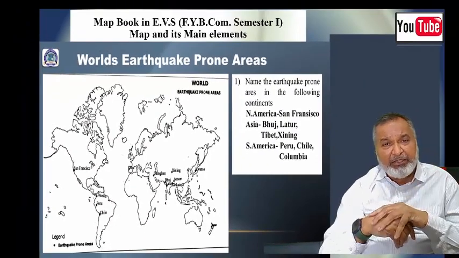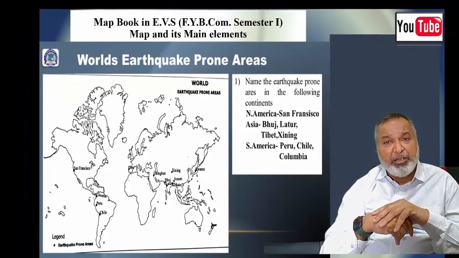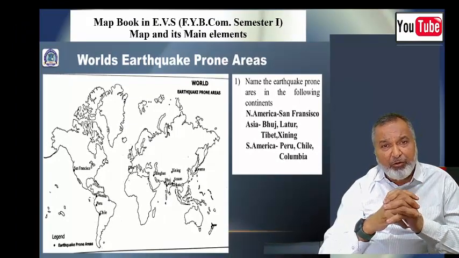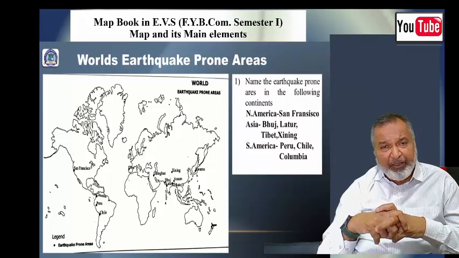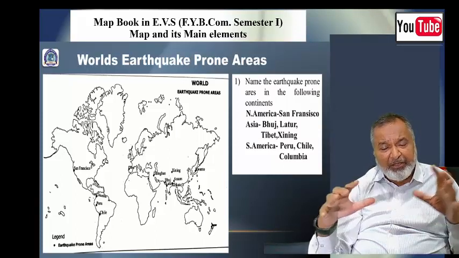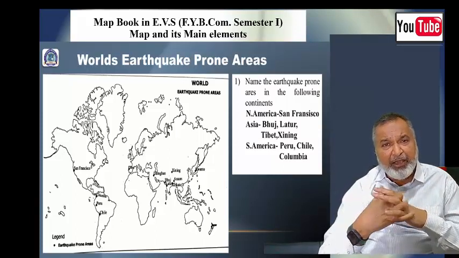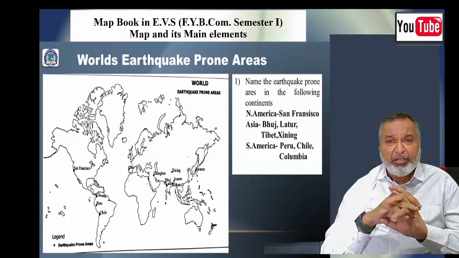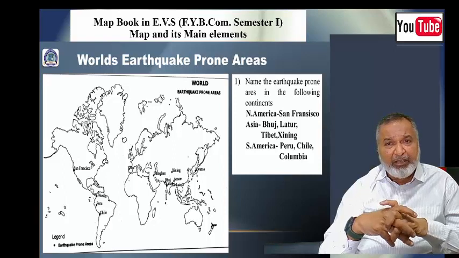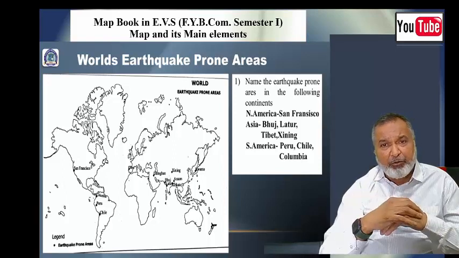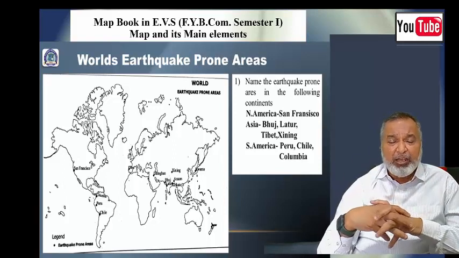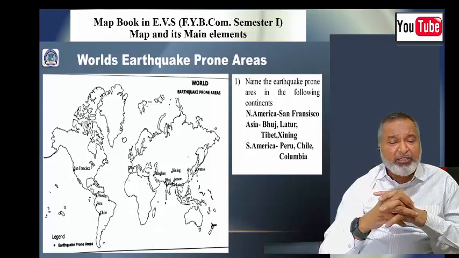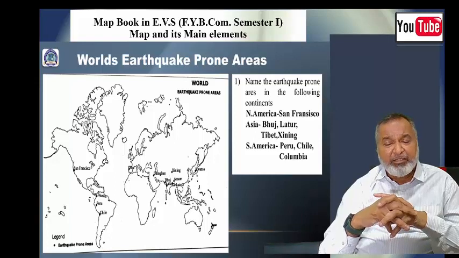Now the next one is the world's earthquake-prone areas. We know there are 7 continents. They are separated, and in between we have plate boundaries. We have continental plates and oceanic plates, and where these two plates collide, there are earthquake-prone areas. For example, America has a very famous one, San Francisco.